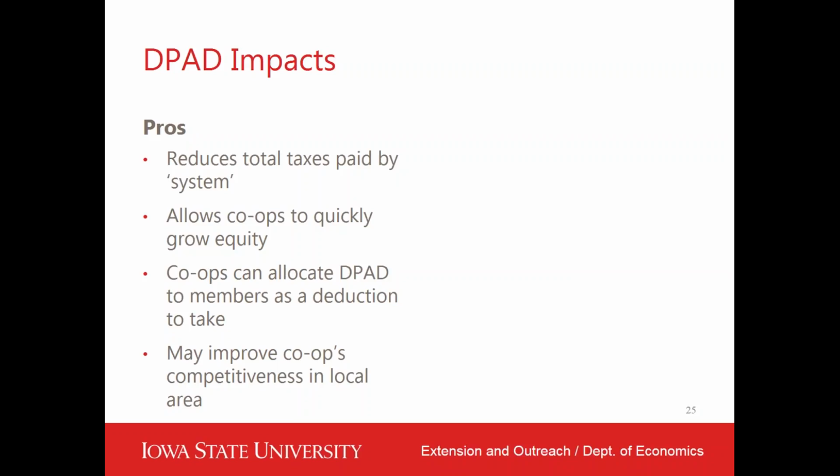In the past, it's been difficult for co-ops to gain access to capital because it required profitability to go into equity, and that was a slow acquisition. They can't go out and raise investor capital or risk capital the same way non-cooperative corporations can. So this has allowed them to add quite a bit of equity to their balance sheet in a fairly short period of time.